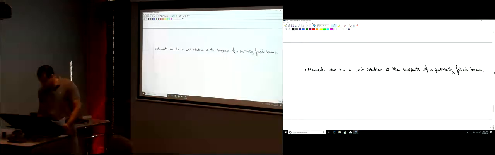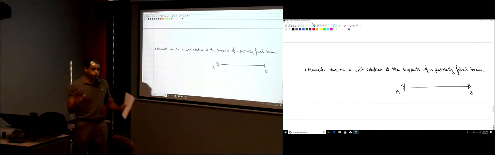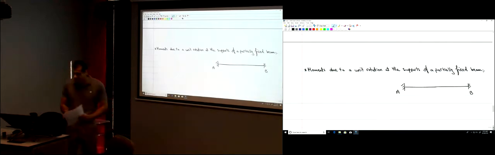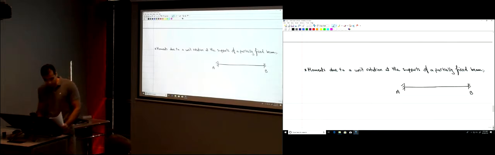So now we have this fixed beam, point A, point B. There are no loads now, okay? I don't have any loads. But those ends, okay, they are not totally fixed, they are partially fixed.